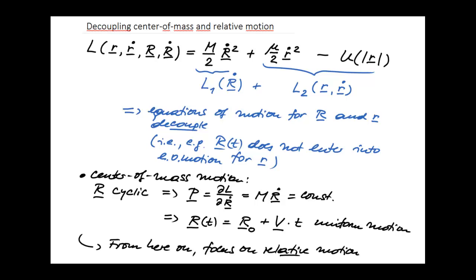The relative motion is governed by the second term in the Lagrange function, the L2, which depends on the relative coordinates only. So this L2 will determine the relative motion of the two bodies.